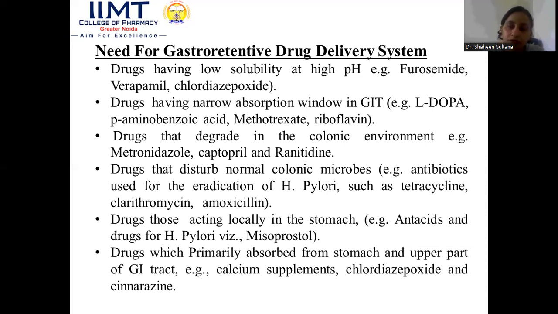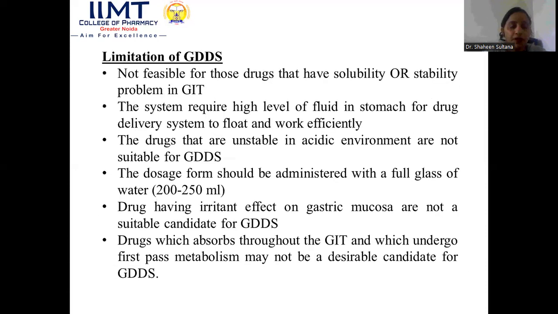So here the gastroretentive drug delivery system is highly desirable because the action is desirable in the upper tract of the GIT. So the formulation can be prepared as a gastroretentive delivery system. Drugs which are absorbed only from the upper part of the GIT tract, such as calcium supplements, can be prepared as a gastroretentive drug delivery system like floating microspheres.